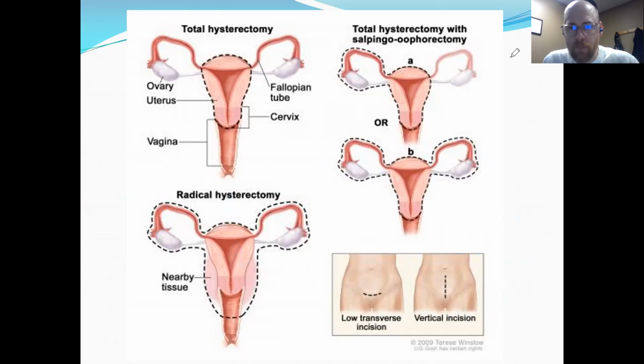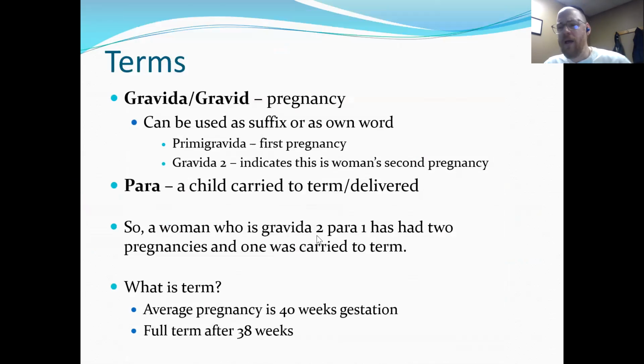Okay. All right. So more pregnancy terms. Gravida or gravid obviously means pregnancy. This can be used as a suffix or as its own word. So we use the word gravida to mean number of pregnancies.